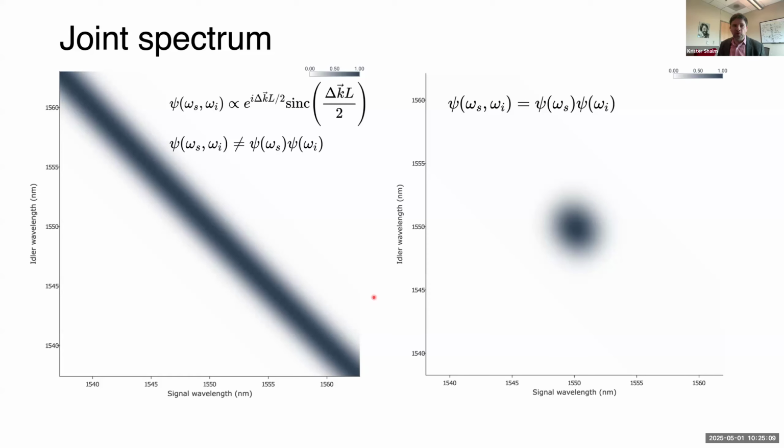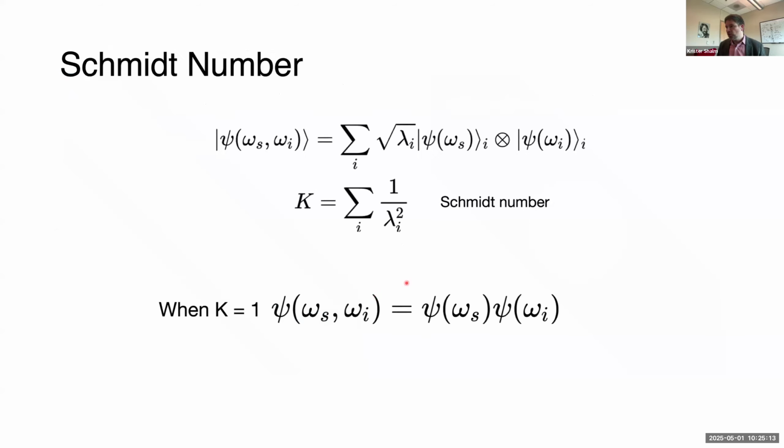When you're designing sources, a parameter we use is called the Schmidt number, where you do a singular value decomposition on the joint spectral wave function that I just showed. This K parameter tells you how many joint terms you would need to represent it. A Schmidt number of 1 is ideal.